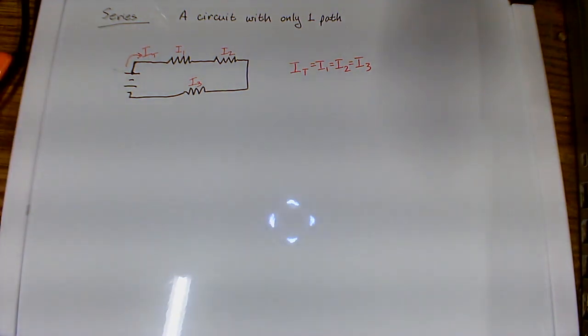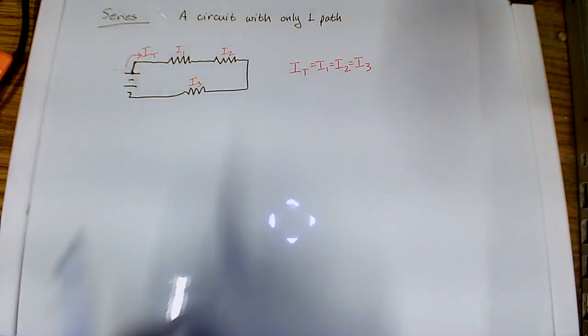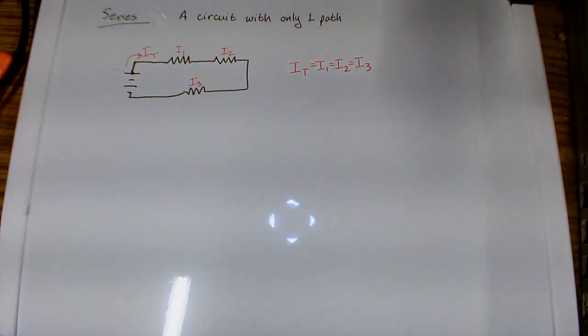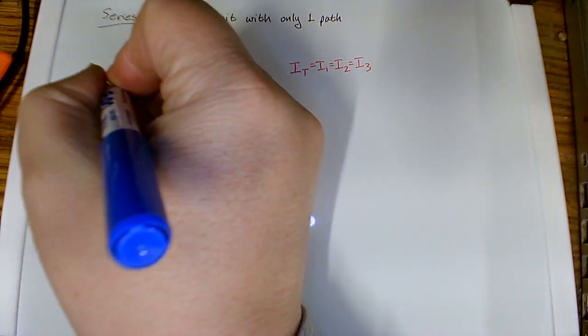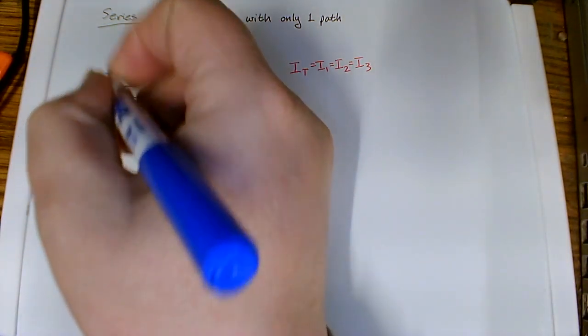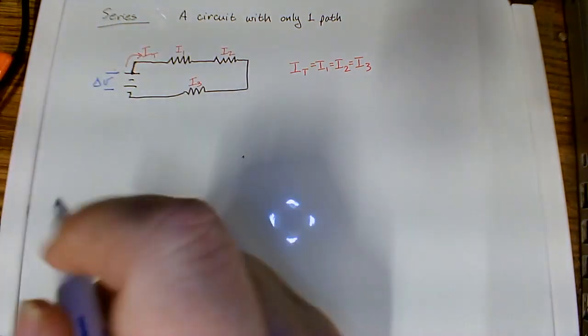Now, we saw before when we looked at Ohm's law that the voltage over each one of these resistors is going to have a specific voltage drop. So between the point we start here and the point we get back, we have a change in voltage.